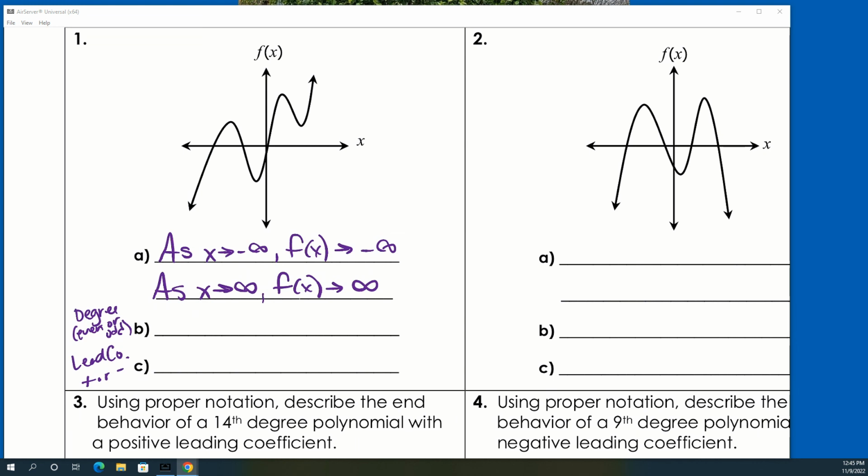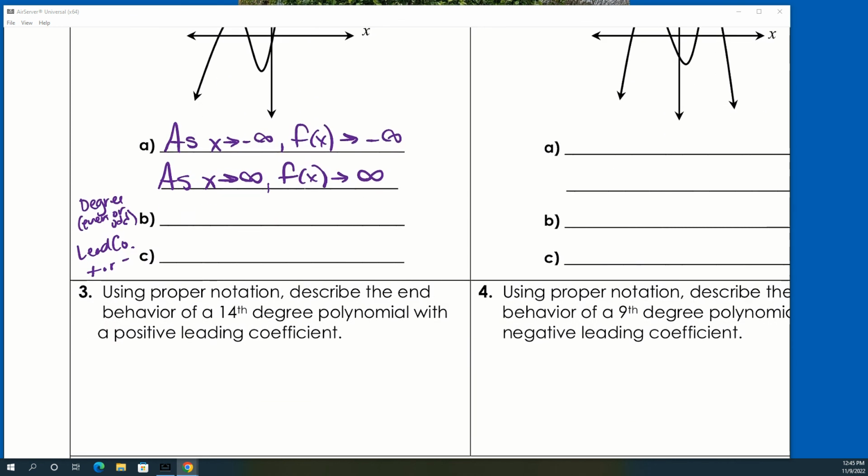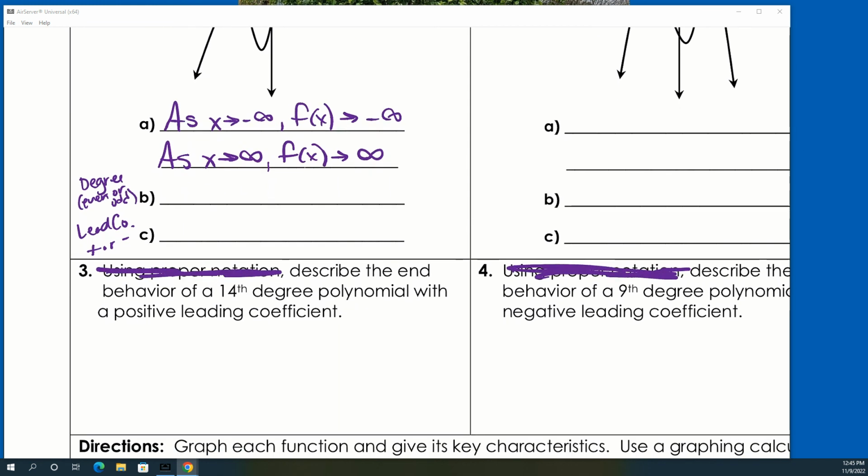I don't care about proper notation, if I'm being honest with you. So if you've already done this, some people worked ahead in my other class, it's fine. But when you do these, you can just draw the arrows, unless you want to write out as x approaches, it's up to you.